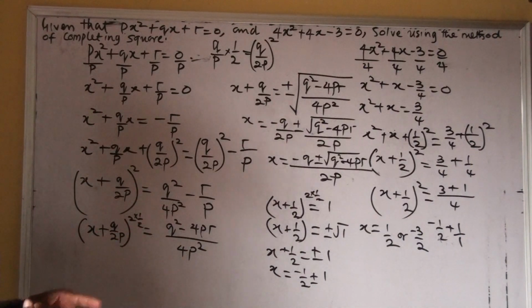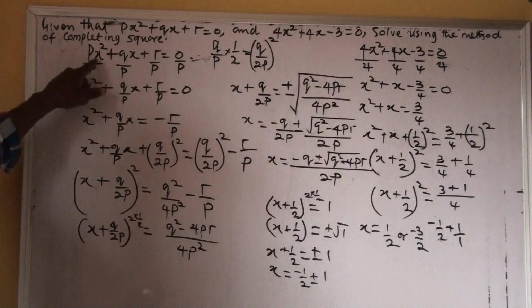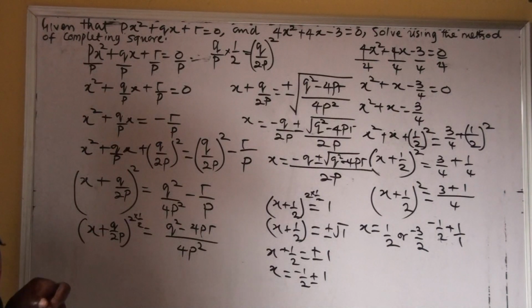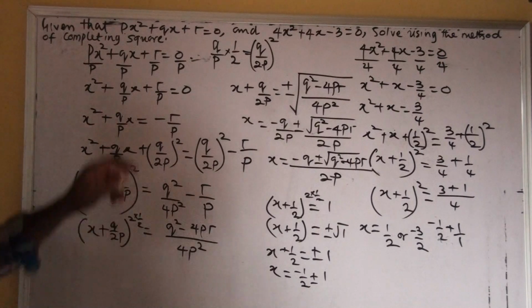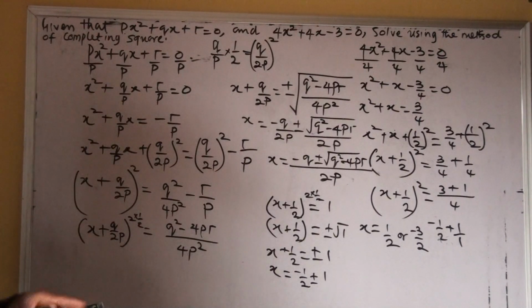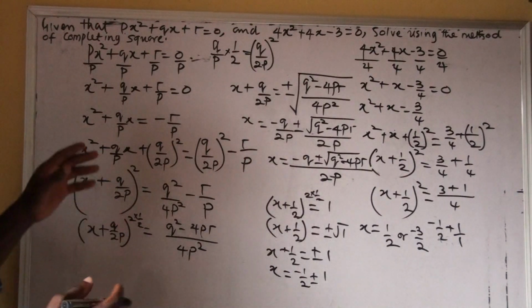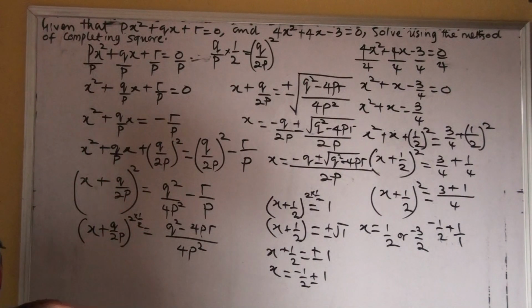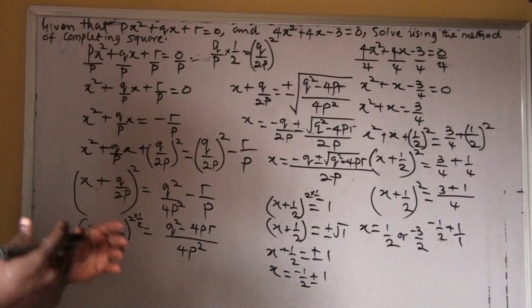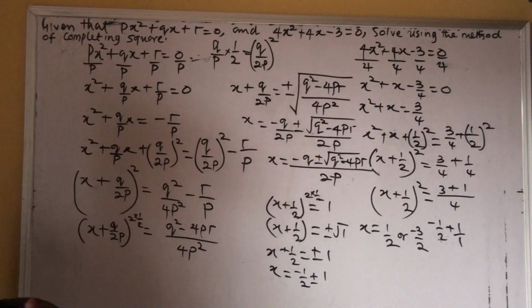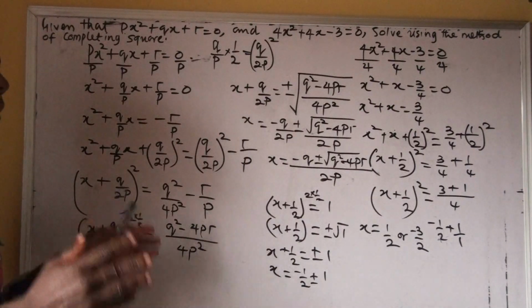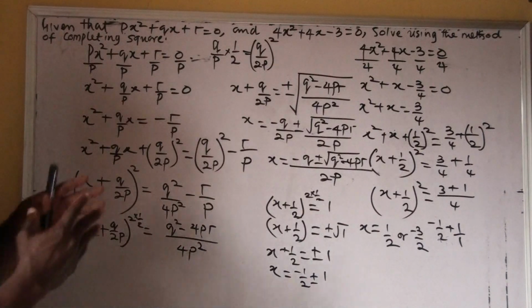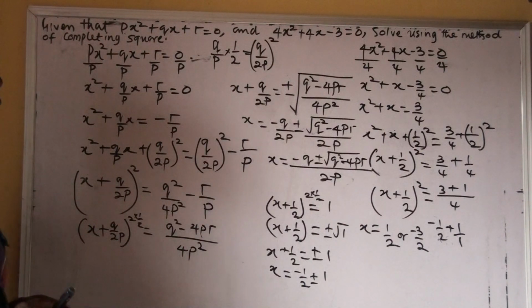It's quite simple. Ensure that the coefficient of x squared is 1. Then move the constant term to the right hand side, and from there look for the coefficient of x, take half of it, square it and add it to both sides. If you follow this process, you will see that your result is not far from the truth. Okay, have a nice time.